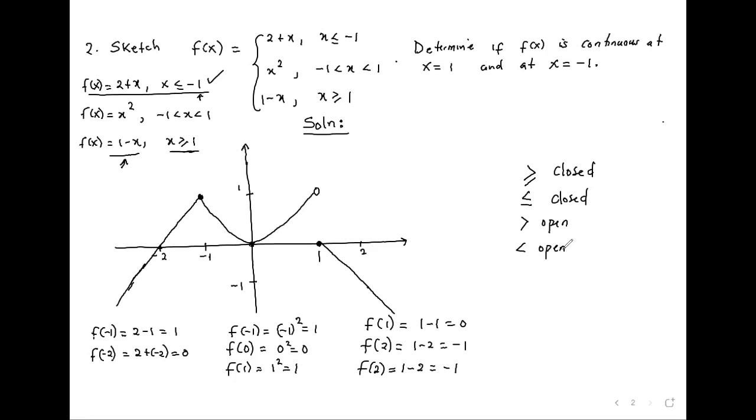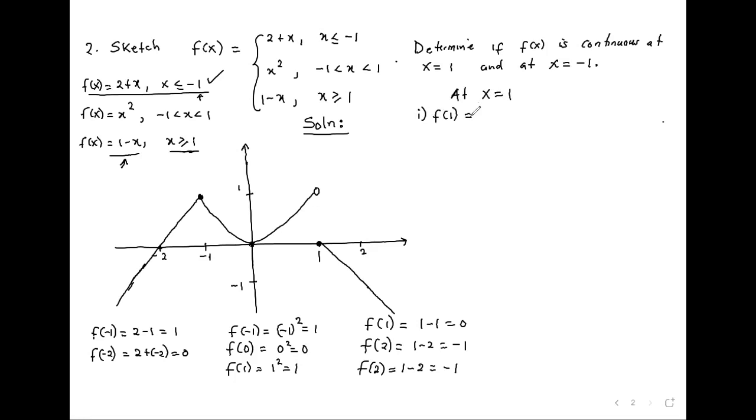Okay. Now we determine if the function is continuous at x is equal to 1. At x is equal to 1, is the function continuous? For a function to be continuous, we must check that, one, f of 1 is defined. So what is f of 1?